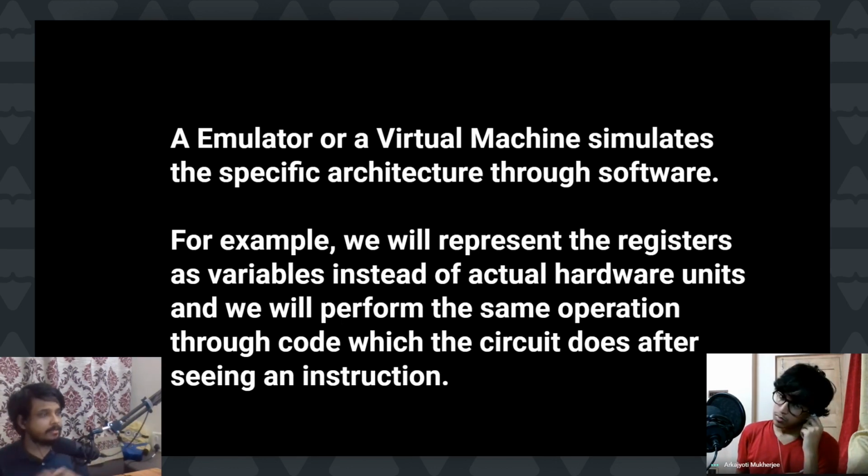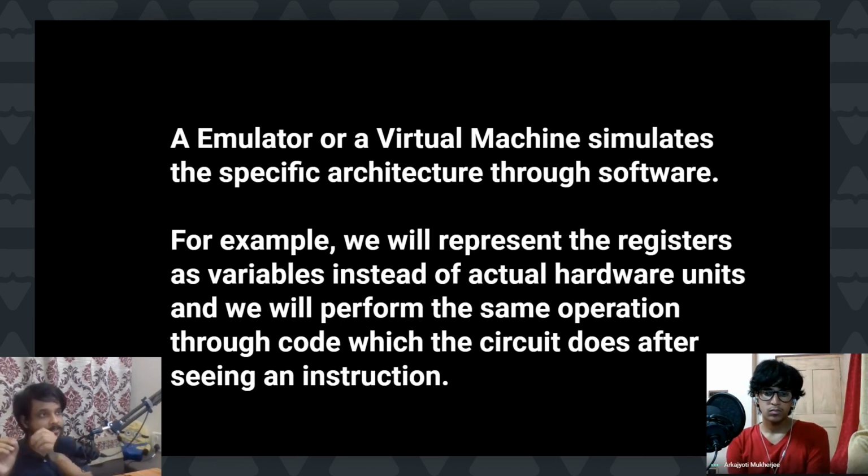We can define 3 registers as 3 variables. The RAM is an array, which I mention in software, and then I take the executable for that architecture, some program, and I read each instruction and execute them in software.